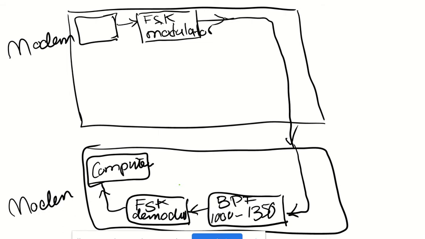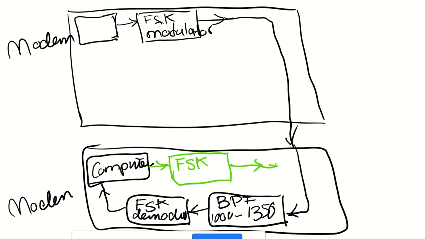So same thing. When I started, I said a modem has both modulator and demodulator. So if you want to send the data, your 1s and zeros will go into the FSK modulator of this modem. So that means it's now an analog signal with two different frequencies.